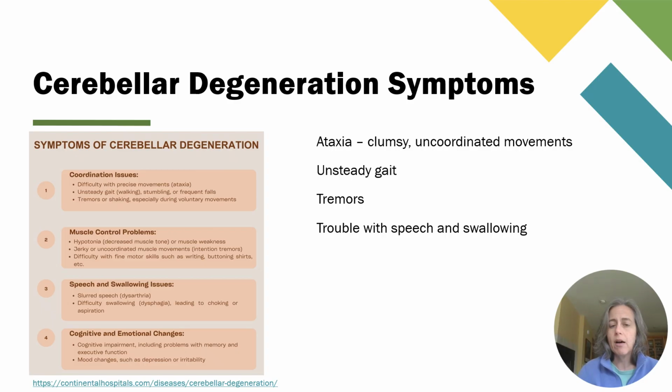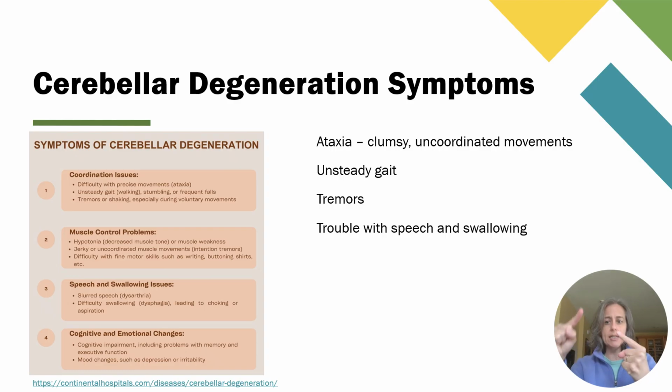One of the classic hallmarks of cerebellar degeneration symptoms is ataxia. The word ataxia means clumsy and uncoordinated movements. So if I am trying to point to something, so I'm trying to point to my other finger, I have to keep in mind all this visual information, this proprioceptive information. There's lots of things that I have to do that my cerebellum is helping me to do.